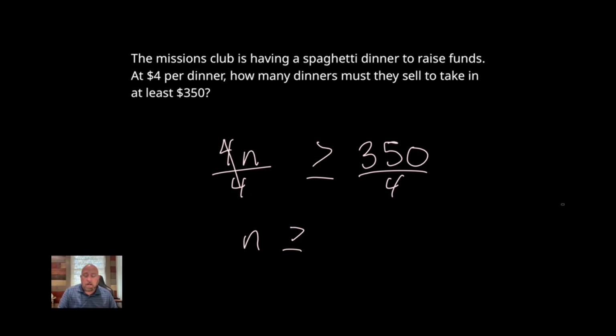So 4, and you can get out your calculator if you want here, but we'll kind of do it just in our brains, if you will. So 4 goes into 35 8 times, and that's 32, and then 30. 4 goes into 30. What is that?